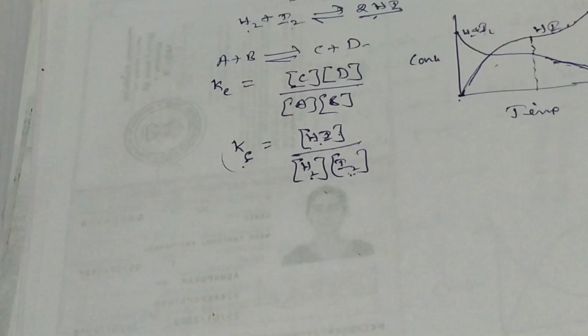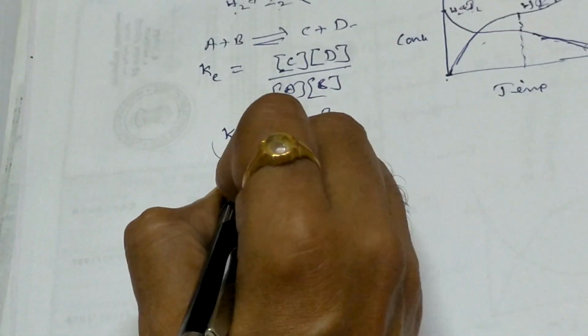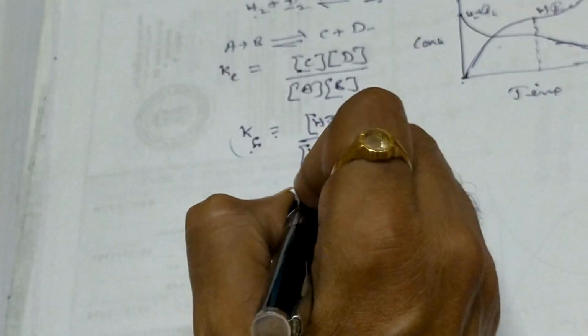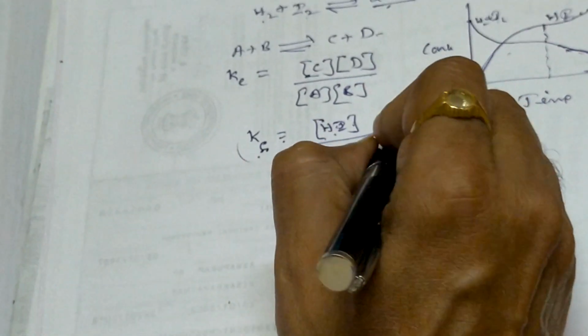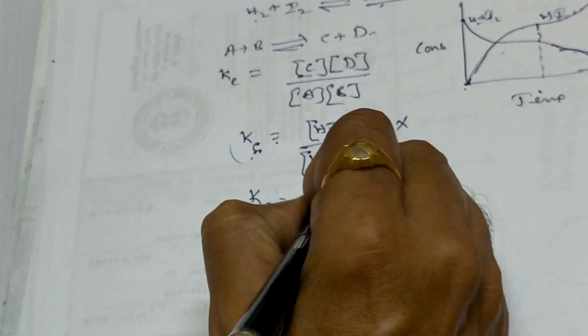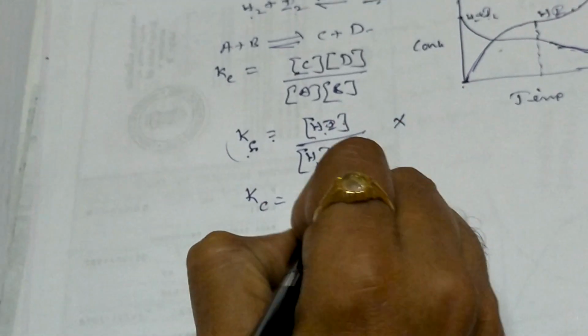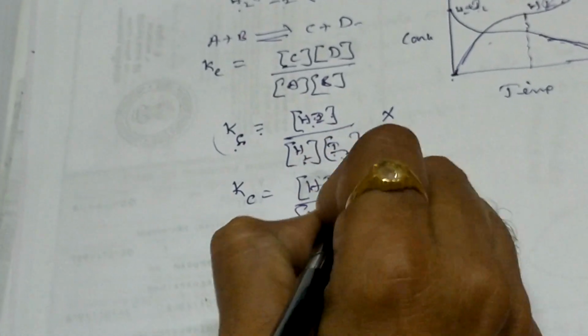So then they found out there is a small hitch or confusion in this. Kc is equal to hydrogen concentration times iodine concentration, that is not correct. The correct one is Kc equal to HI square by hydrogen and iodine.